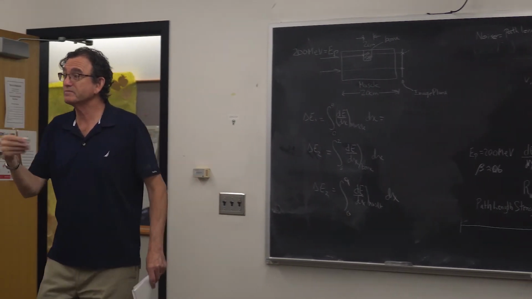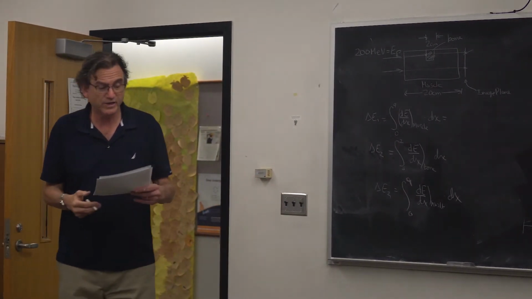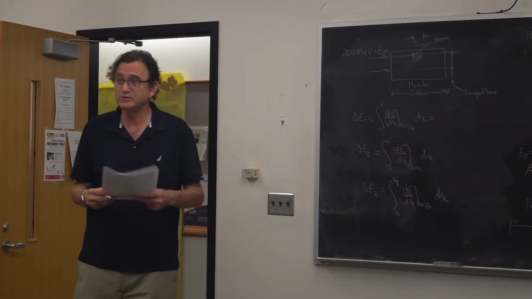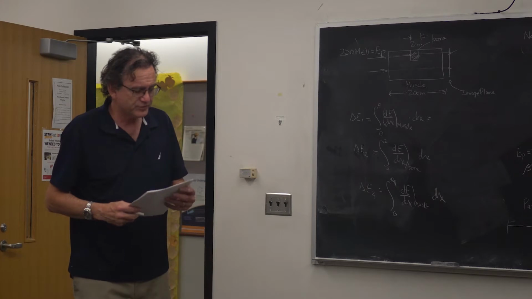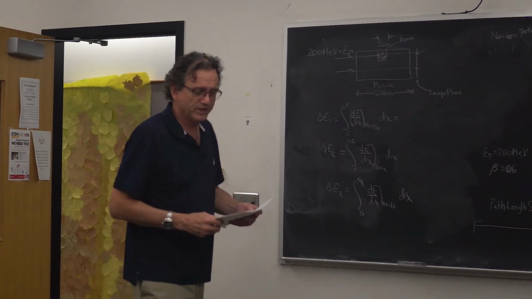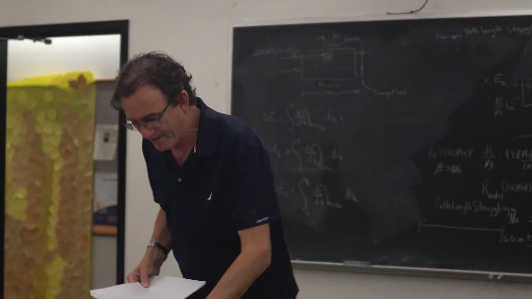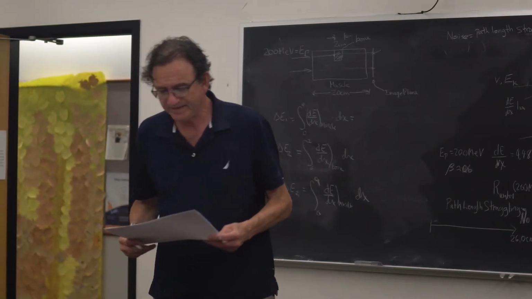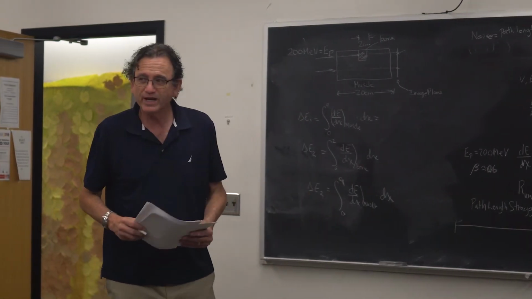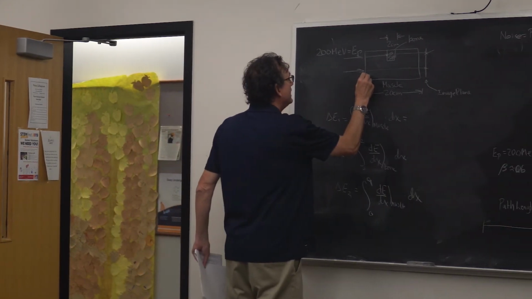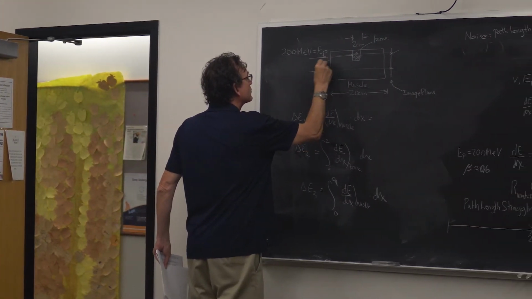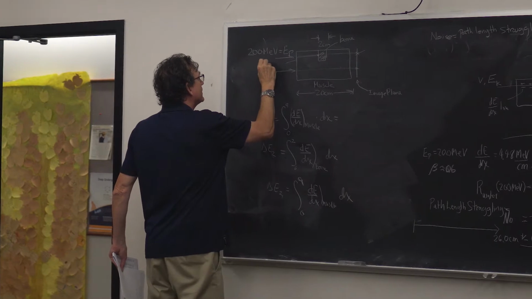Okay, so let's see if there's a faster way of doing it. We'll try to use the range energy tables that I passed out to you. How would I use these tables? The range of the proton to start with, through water, is 26 cm.